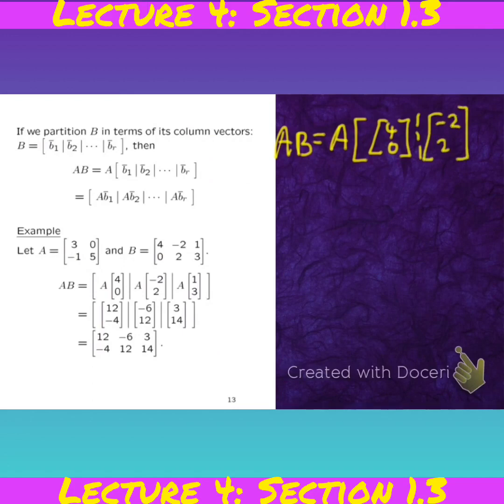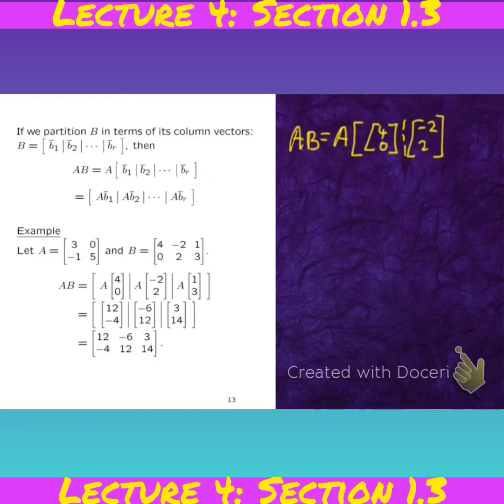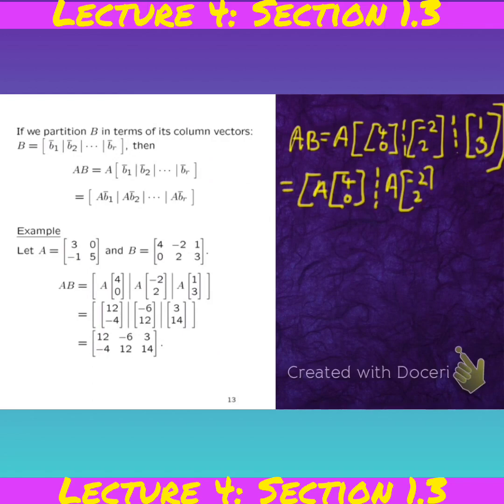And the third column is going to be 1, 3. So you're going to multiply the matrix A with each one of those vectors: A with the second one, and A with the last one.